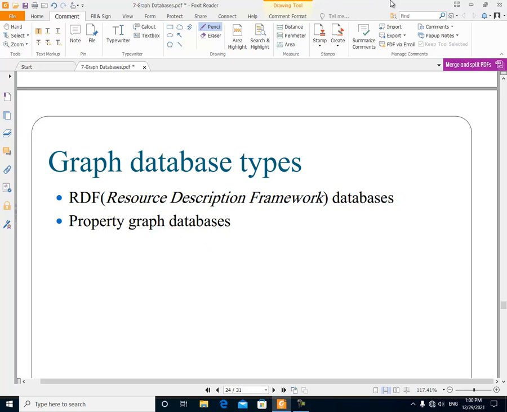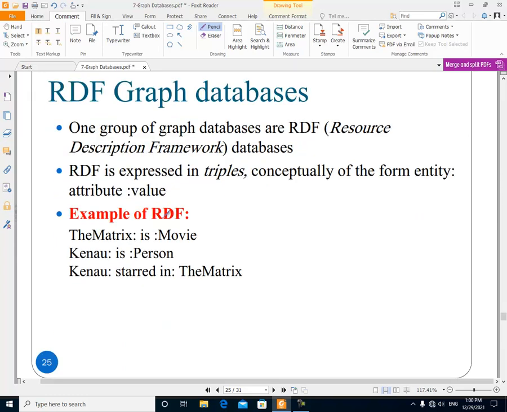We have two types of graph databases, RDF and the property graph. RDF stands for Resource Description Framework. It is a special format used in graph databases.